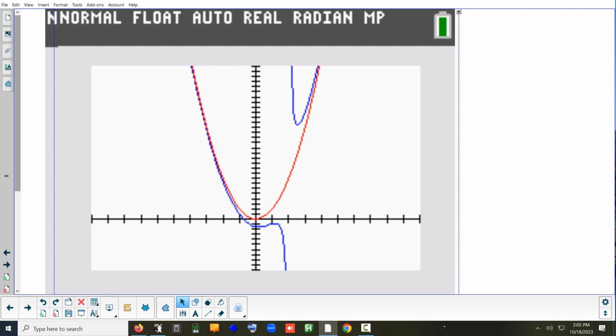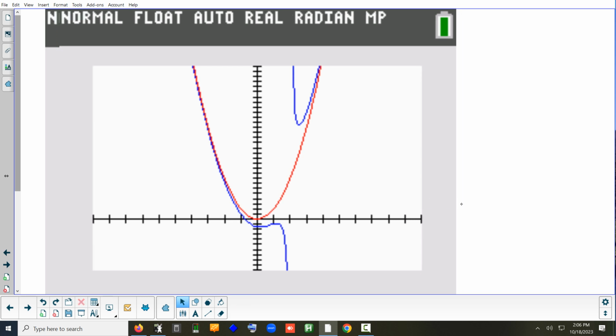Okay, so what do you notice as you head up and to the right between the blue and the red? What happens? Seems like they're converging and making one solid line. Yeah, they're getting closer and closer together. So remember, in the last section we had horizontal asymptotes, and then we had graphs that maybe did something like this.